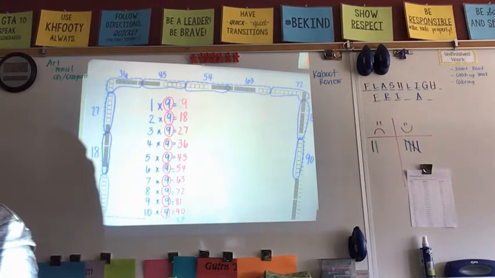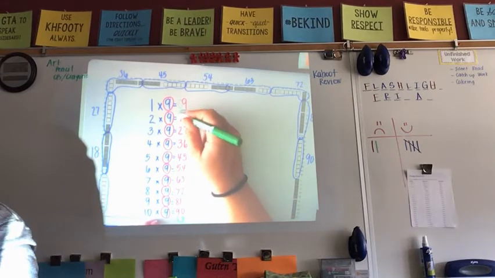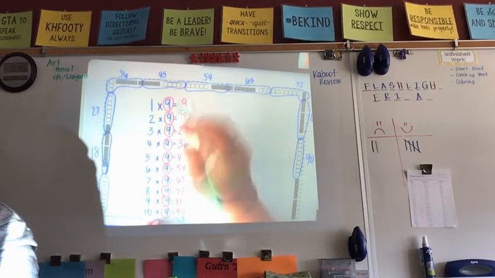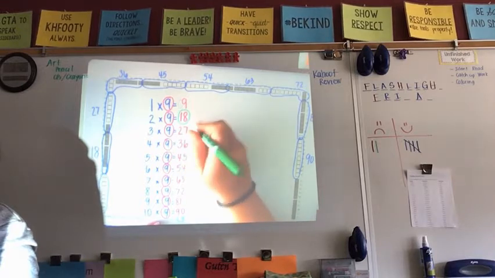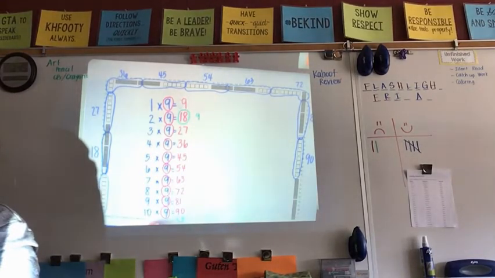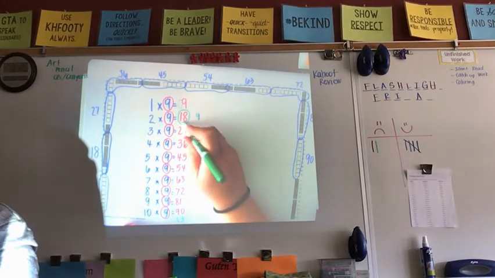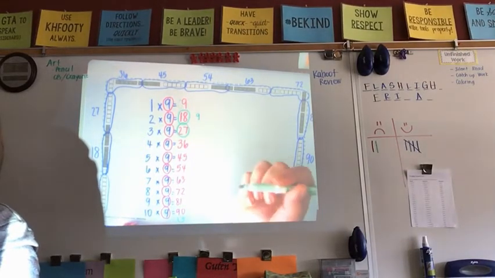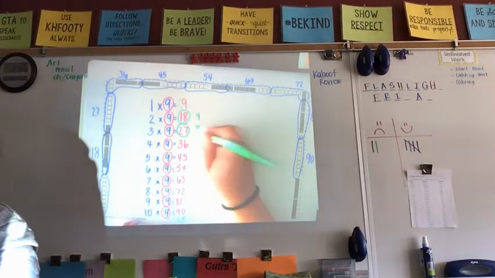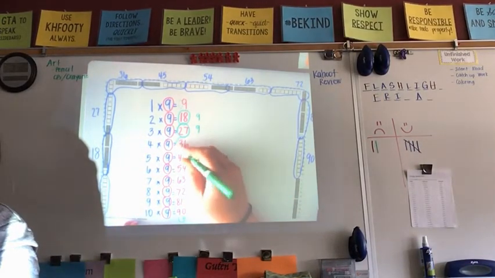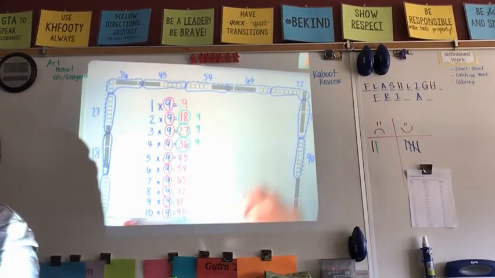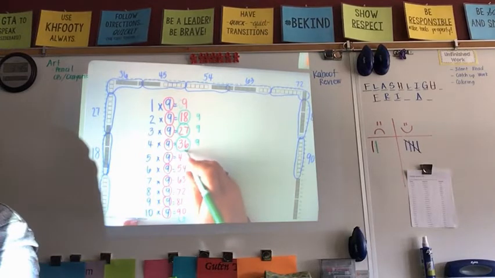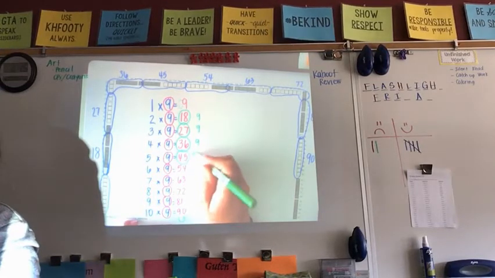Another pattern you might notice is if you look at a number like 18 here, if you add the two numbers together, like a 1 and an 8, 1 plus 8 equals 9. Let's try the next one. 2 plus 7 equals 9. 3 plus 6 equals, you guessed it, 9. 4 plus 5 equals 9.